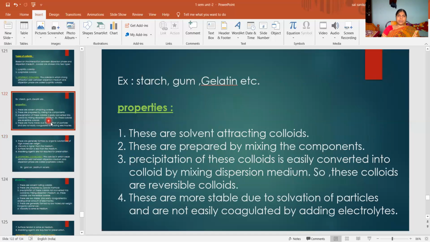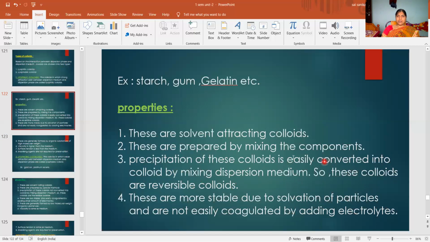Once again we'll see the properties. First one, solvent attracting colloids. Then they are prepared by just mixing the components, and precipitation of these colloids is again converted into colloid by mixing dispersion medium. That's why these are called reversible colloids. These are more stable due to solvation of particles and are not easily coagulated by adding electrolytes.